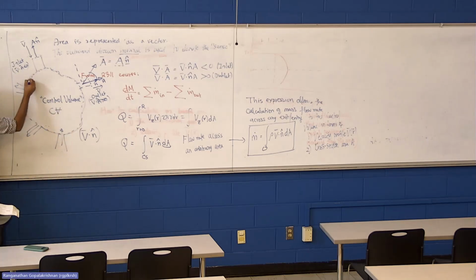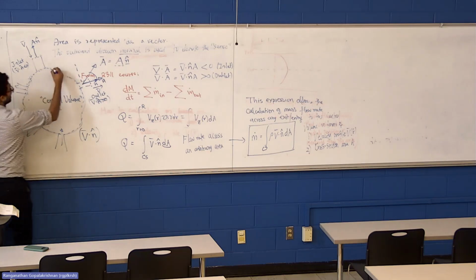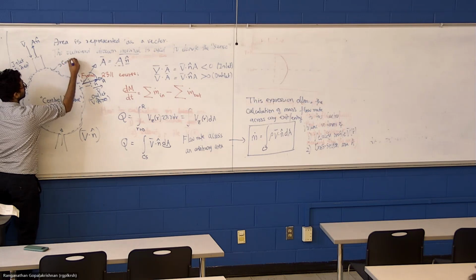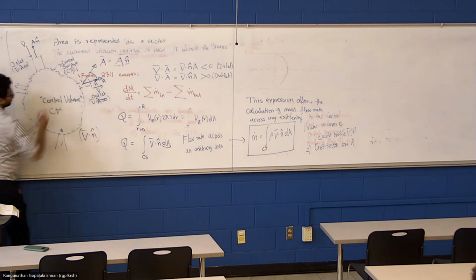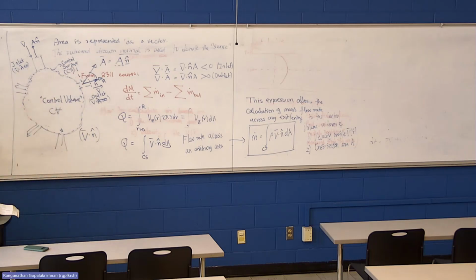The surface bounding the control volume, or separating it from the rest of the surroundings, we call the control surface, CS. So in thermodynamics, you learned system and surrounding. System is loosely what we call control volume, surrounding is everything outside, and the surface separating them is your control surface.